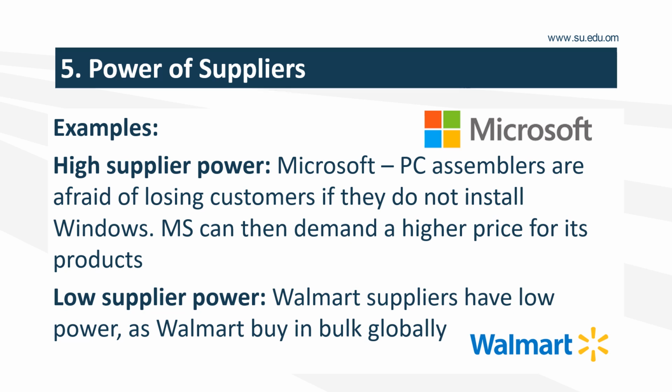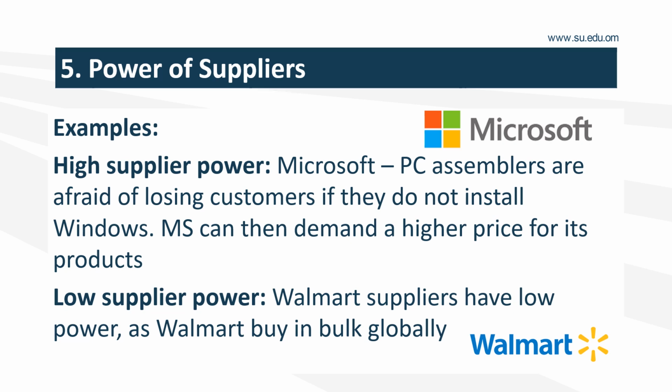But in the case of low supplier power, we can look at an example such as Walmart. Walmart's suppliers have low power as Walmart buys in bulk globally. So the suppliers for Walmart do not have high power because Walmart buys in bulk.